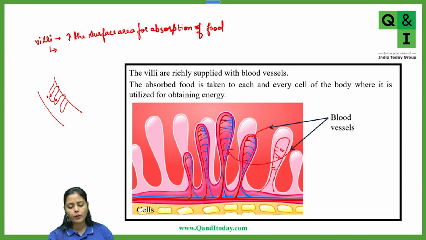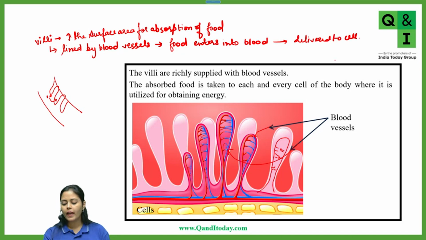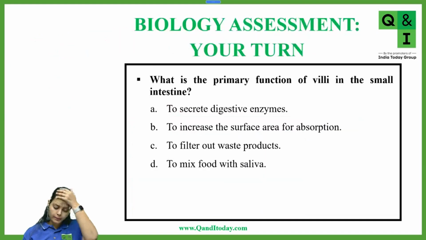And second important function of villi is that they are lined by blood vessels. Because of this, the food enters into blood and finally is delivered to cells. Clear? I hope it is clear to everyone.